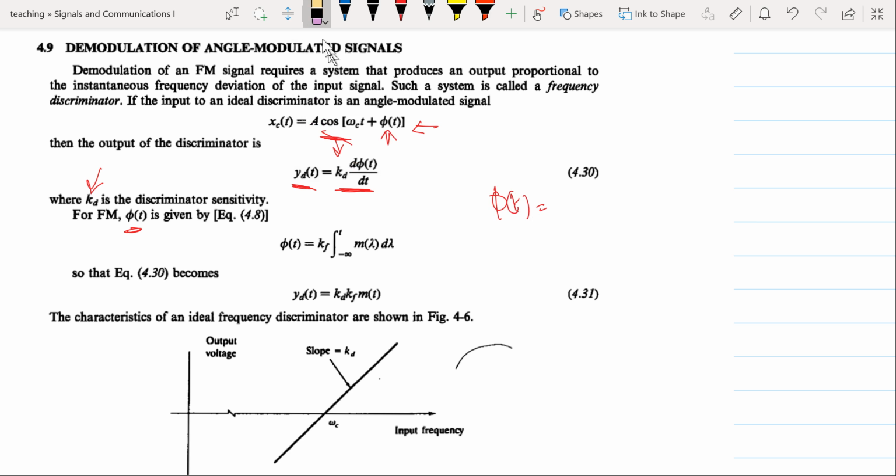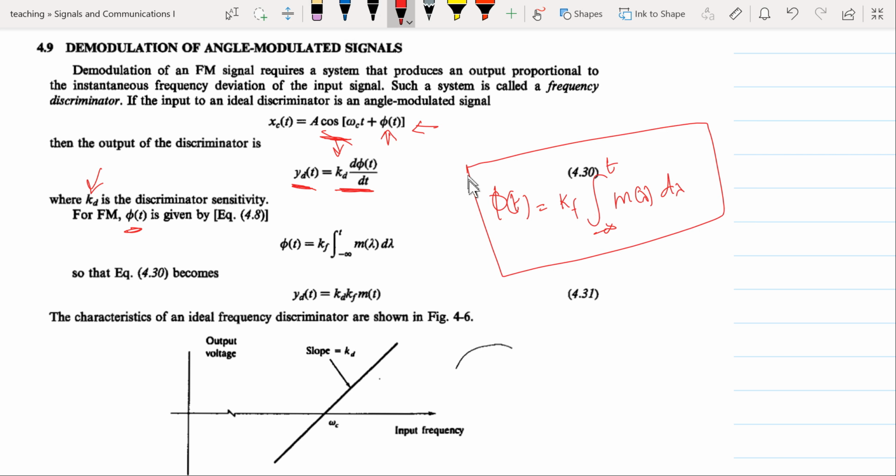We had said that phi of t for FM is given by k_f times the integral from minus infinity to t of m(lambda) d lambda. This is how we defined the phase dependence of the frequency component for FM.